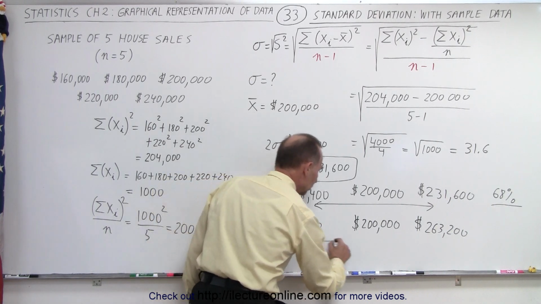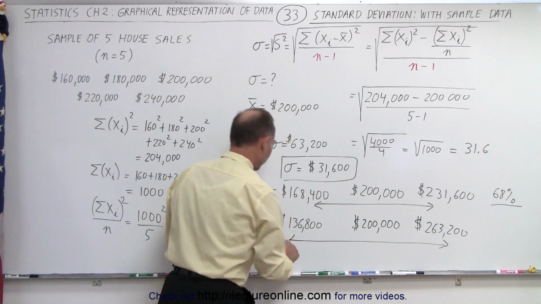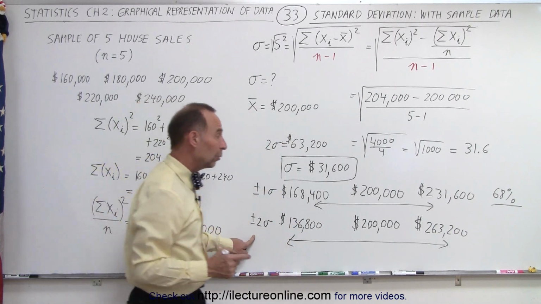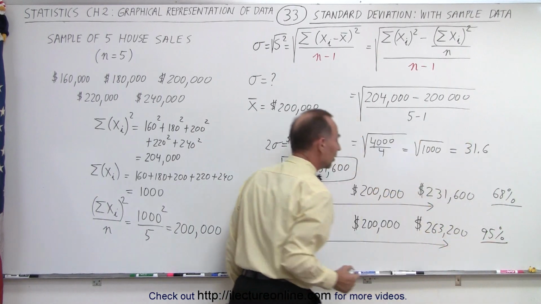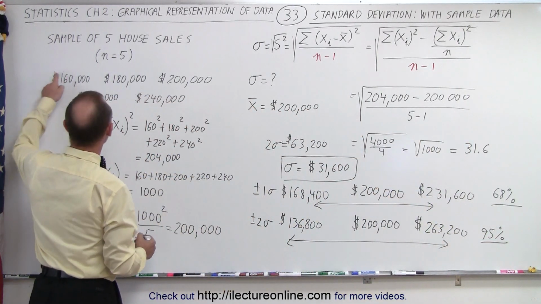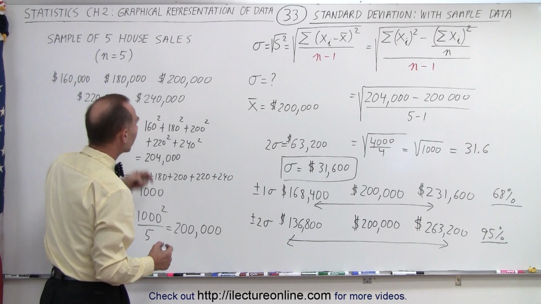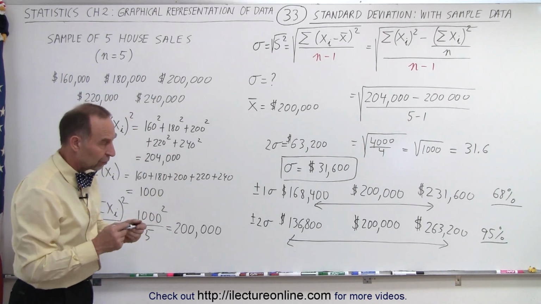So this is the range of plus or minus 2 sigma, and that should encompass about 95% of all the values in our sample. And notice that it includes 100% of the sample, so we're pretty close.